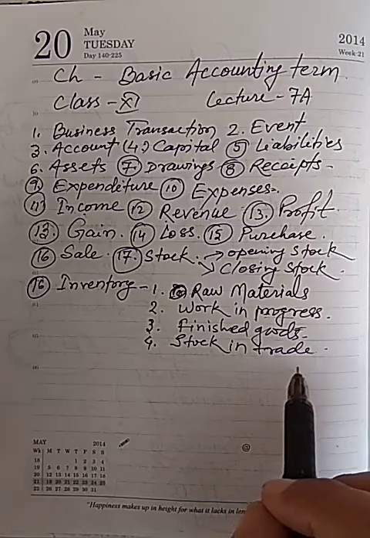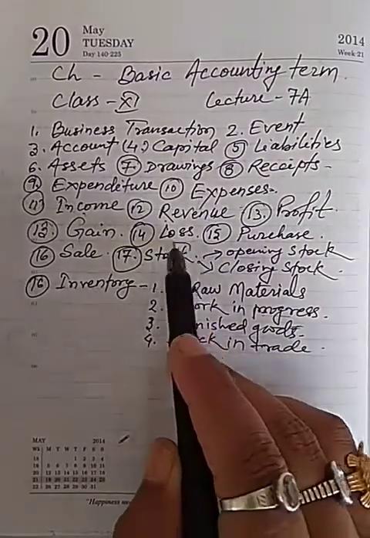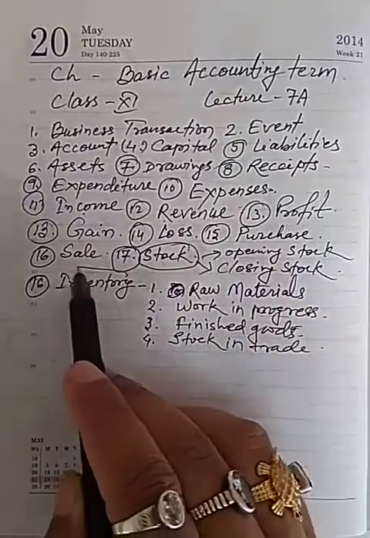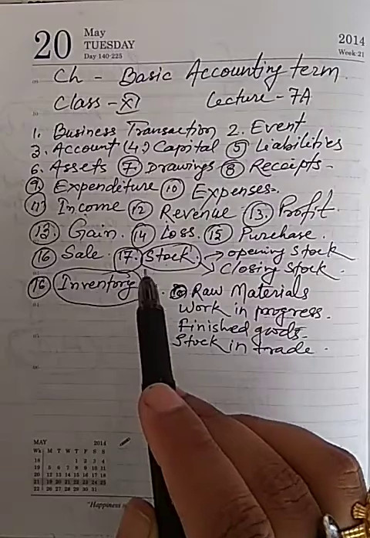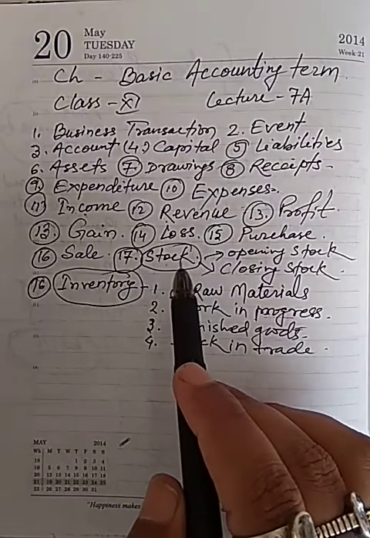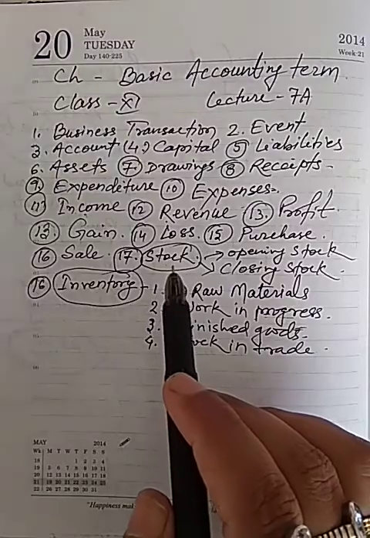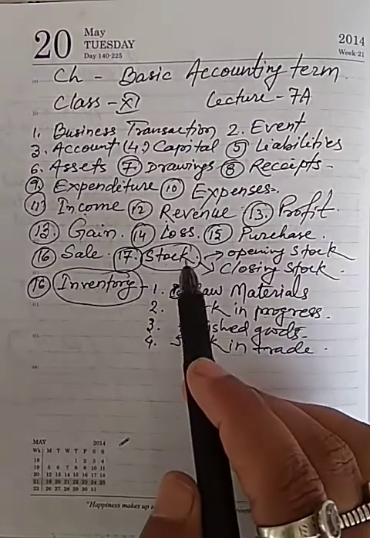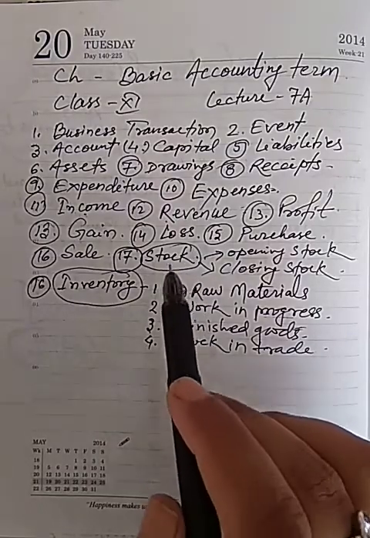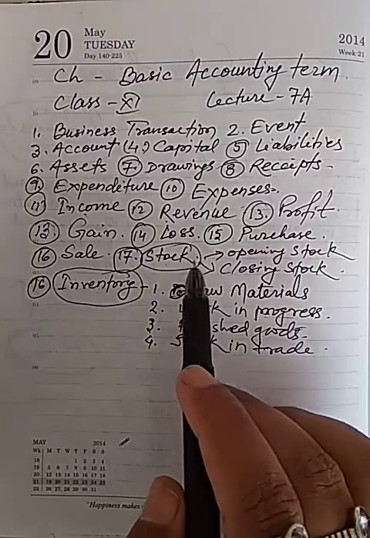Now, the difference between stock and inventory. Stock refers only to the value of those goods which are purchased for reselling and which are lying unsold at the end of the accounting period.